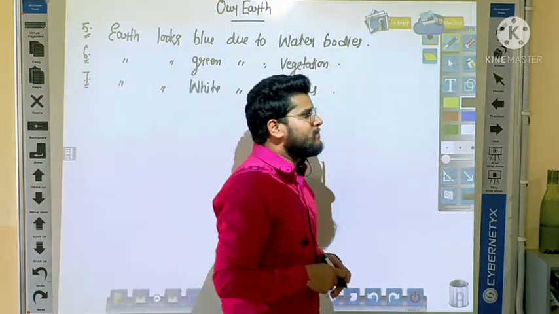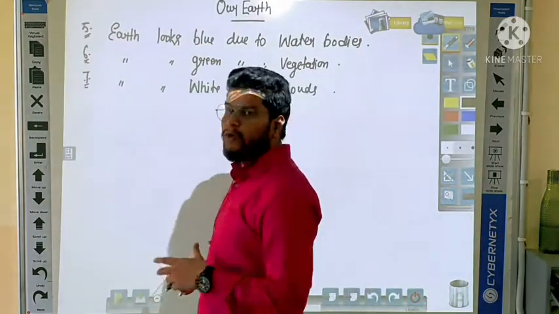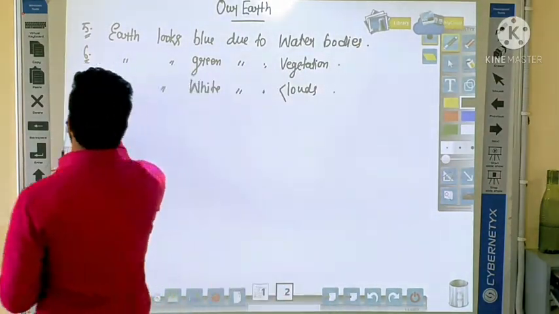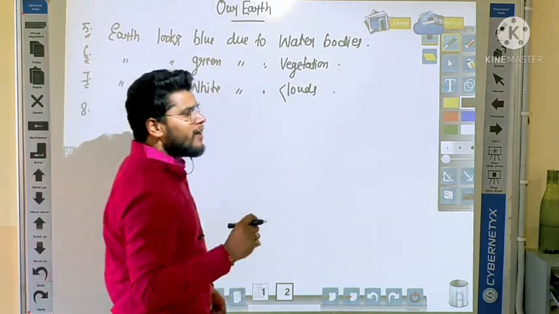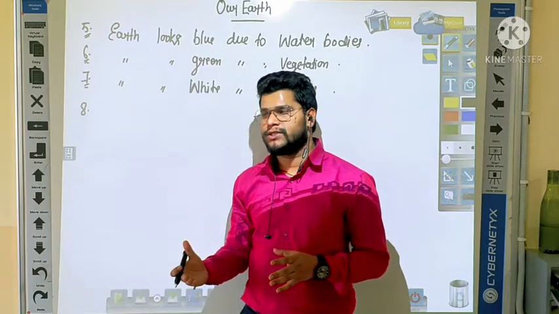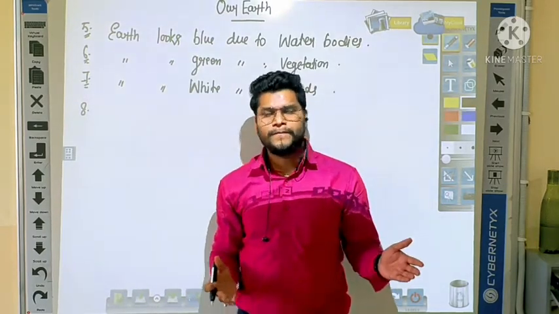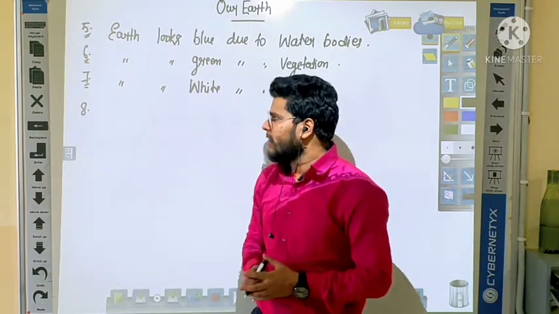After these points, let's come on some more points about the Earth. It is the only planet in our solar system where life exists due to air, due to water and due to land. Okay.